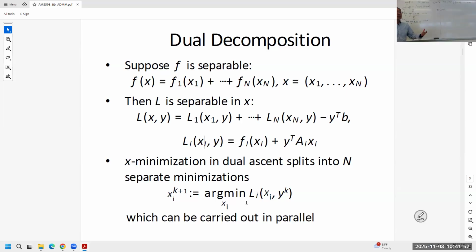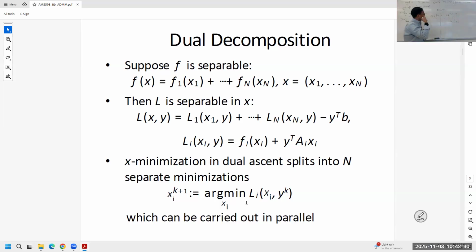If we write A as a1, a2 up to an, and x as x1 up to xn, then Ax minus b is minus b1 up to bn.